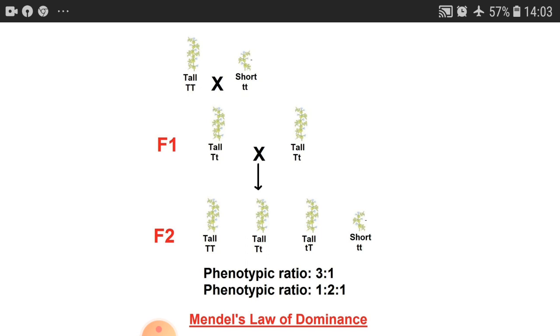And there is a pair of unit factors for each character, one inherited from each parent. For example, height in pea plant is controlled by two factors, since some plants are tall and some are short or dwarf.